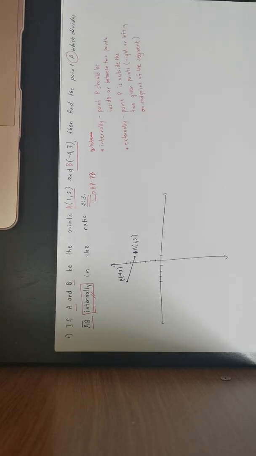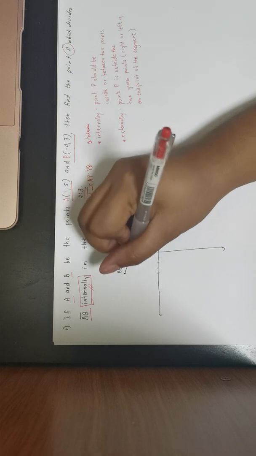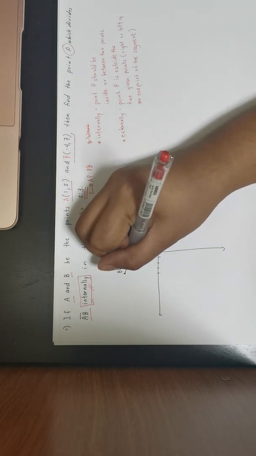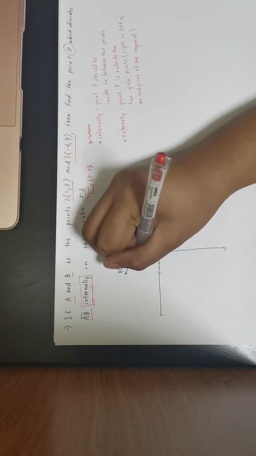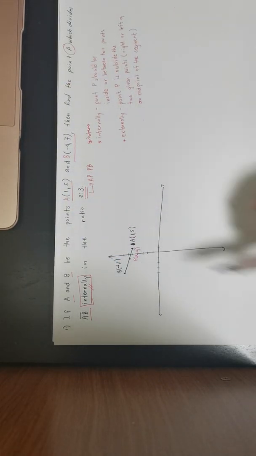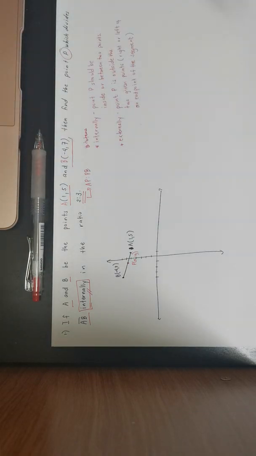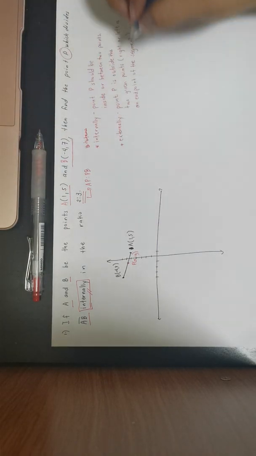Alright, so where will point P lie? It is 2:3, so let's say the point is somewhere here, P. We write (x, y), and we want to get the coordinates of point P. Remember, this is the formula.